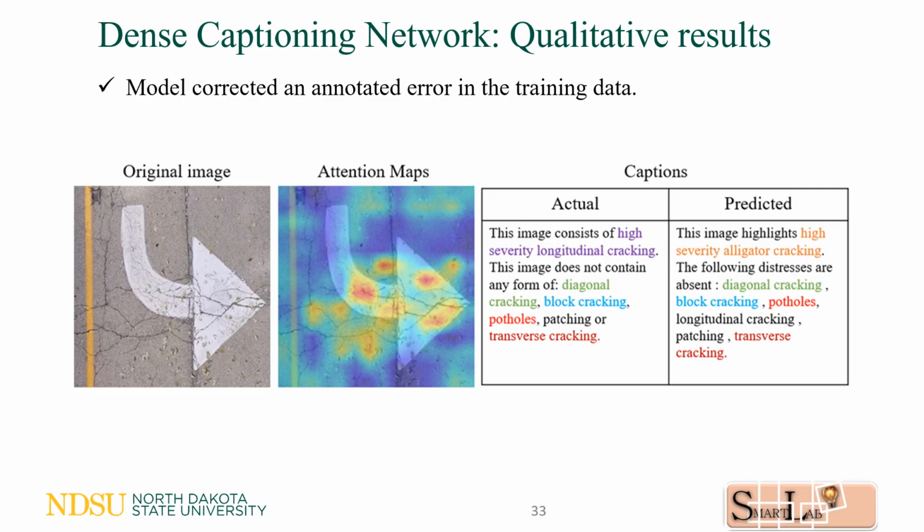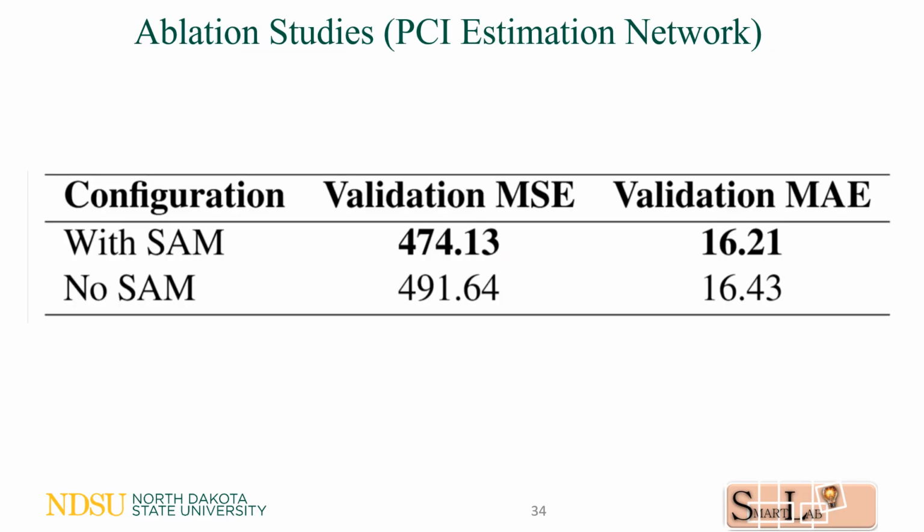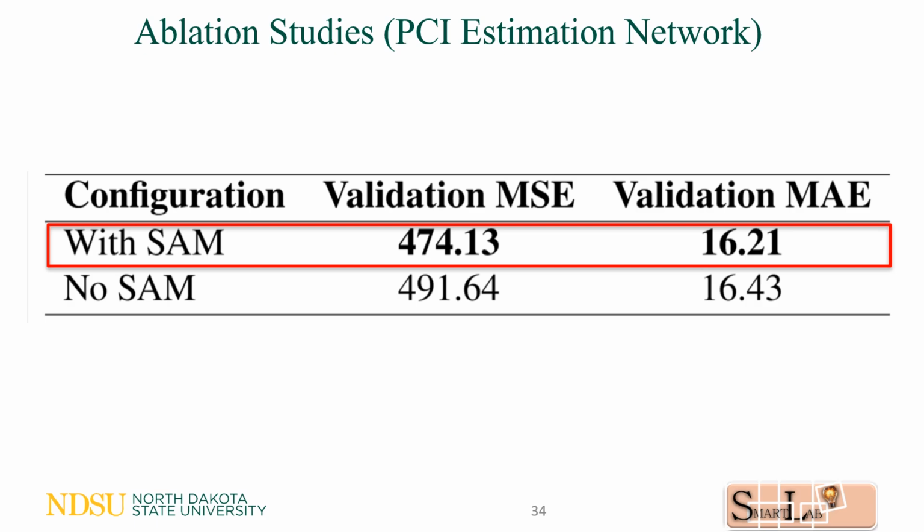Now, to better understand what drives performance, we also ran ablation studies. So for the PCI estimation network, for the ablation settings, we compare two settings: whether the inclusion or the exclusion of the segmentation mask affects the PCI predictions. With the mask, we obtain a validation mean squared error of about 474 and a mean absolute error of 16.21.